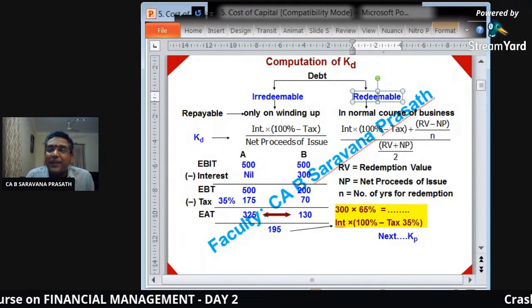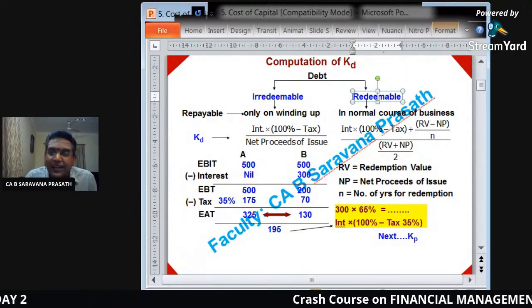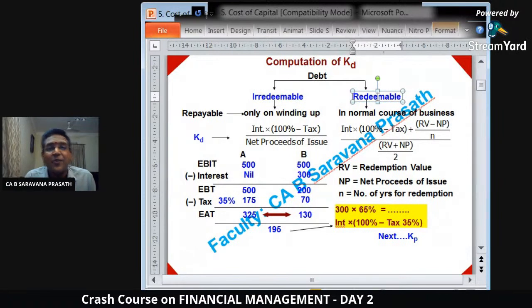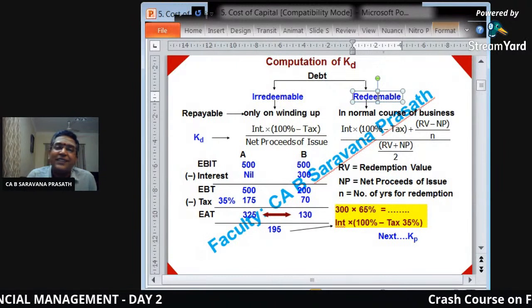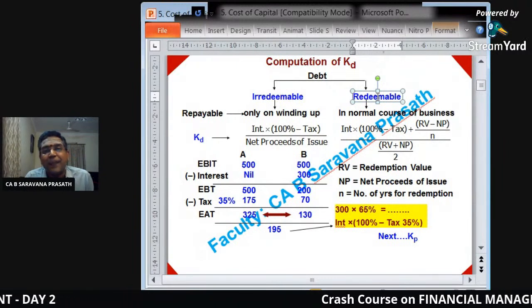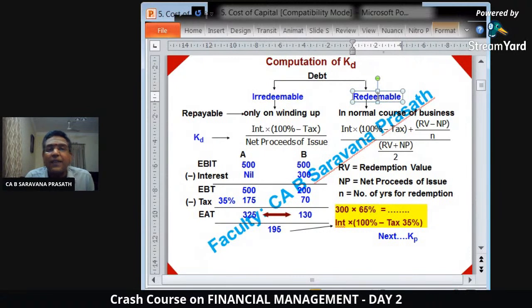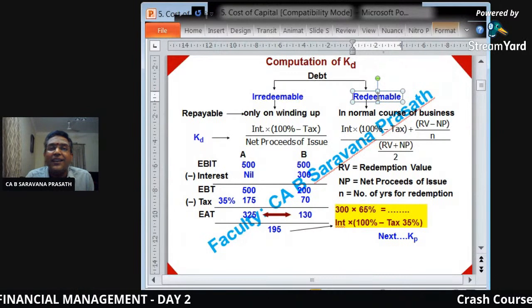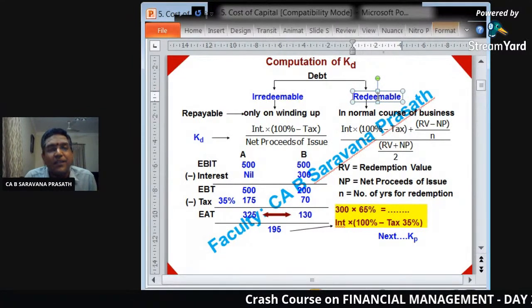The extra payment has to be made over and above the interest that we pay every year. So, what is the extra payment towards excess capital we are repaying? 125 minus 100, 25 rupees. That is a payment that relates to a 5-year time frame because of the redemption period being 5 years.